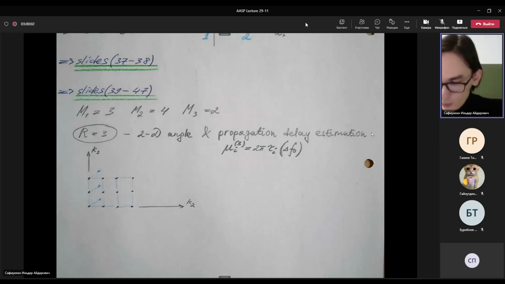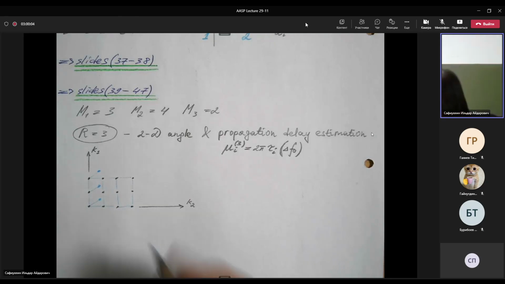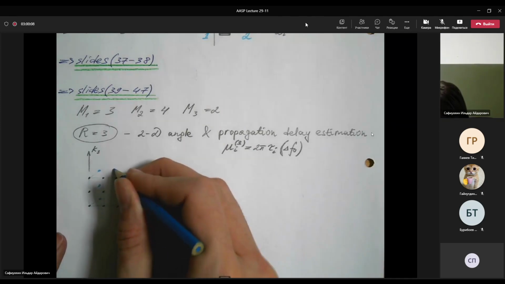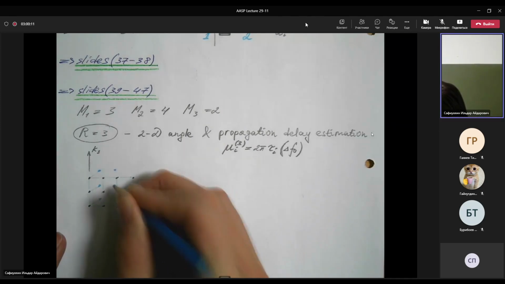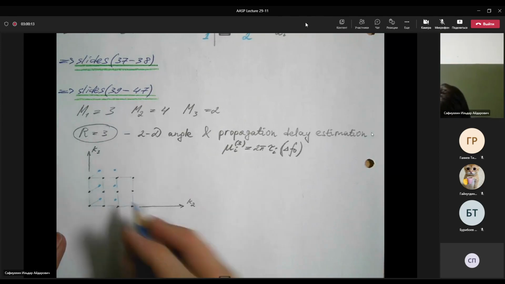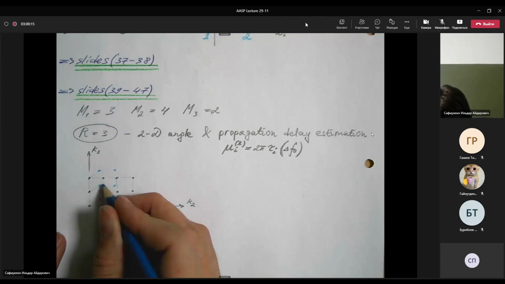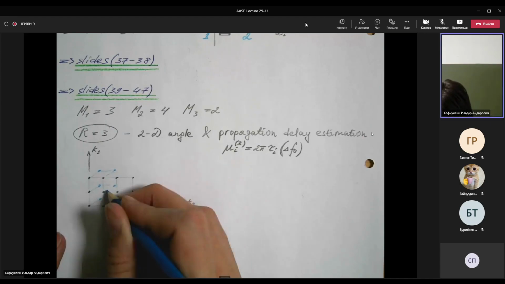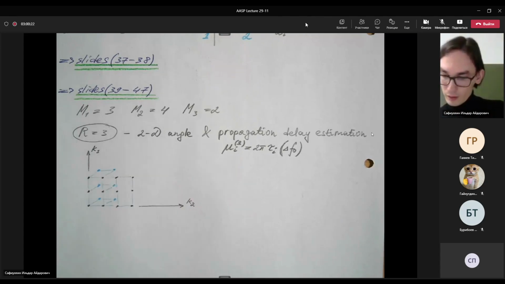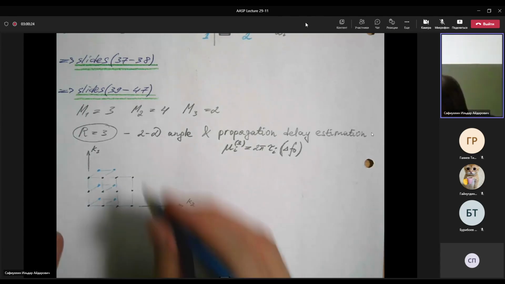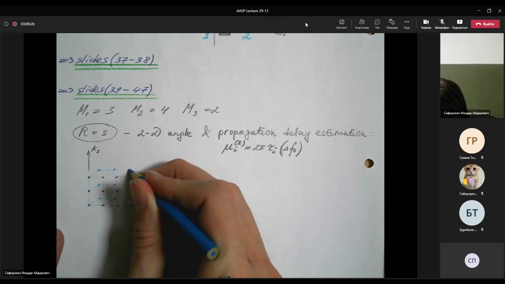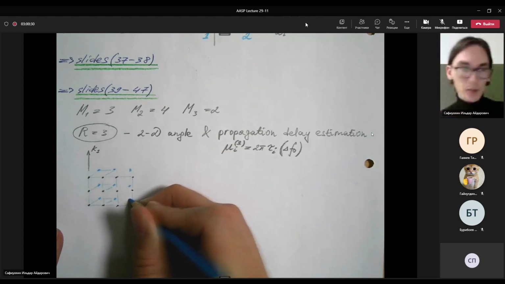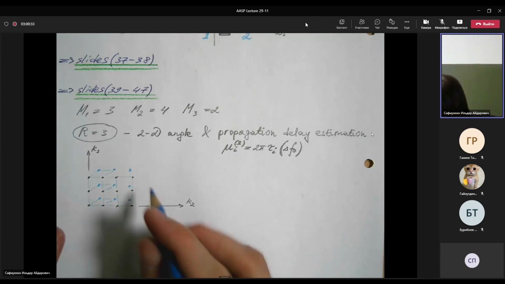Next, let's show the second column. We will have something like this one, and this one. So we need to collect these things. Then here, and here, which is our third column.